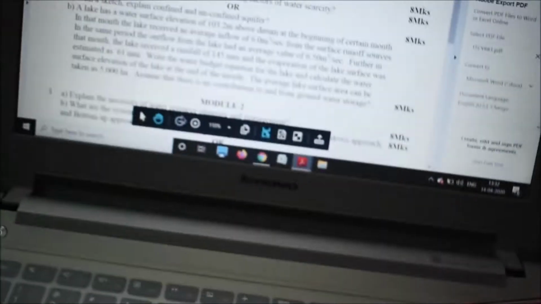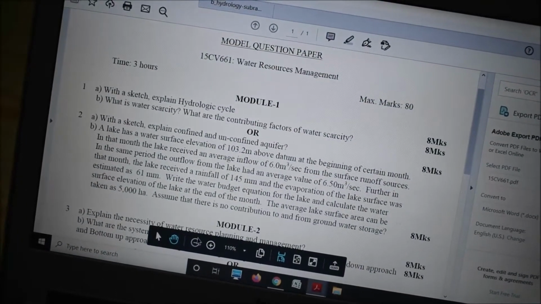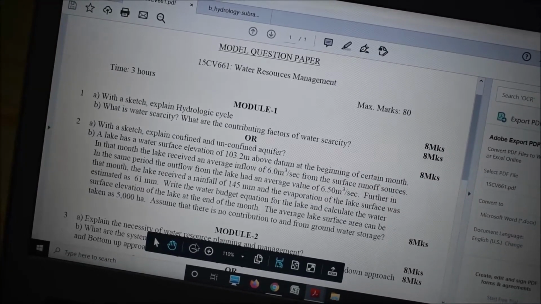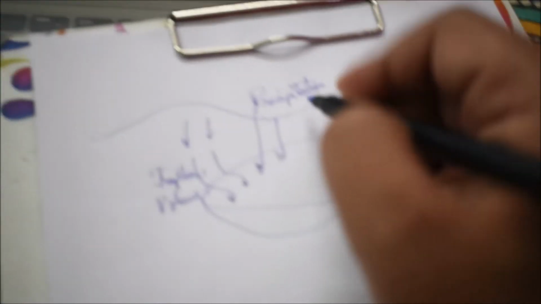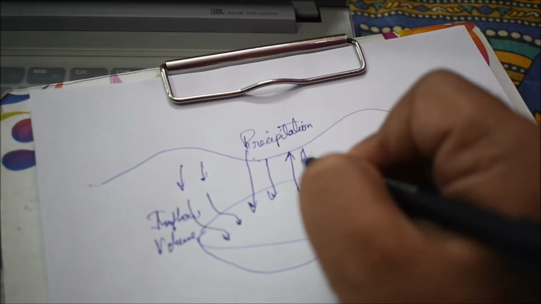And there is also a withdrawal of water in the form of evaporation of 61 mm. So there is also an impact of evaporation from the lake.